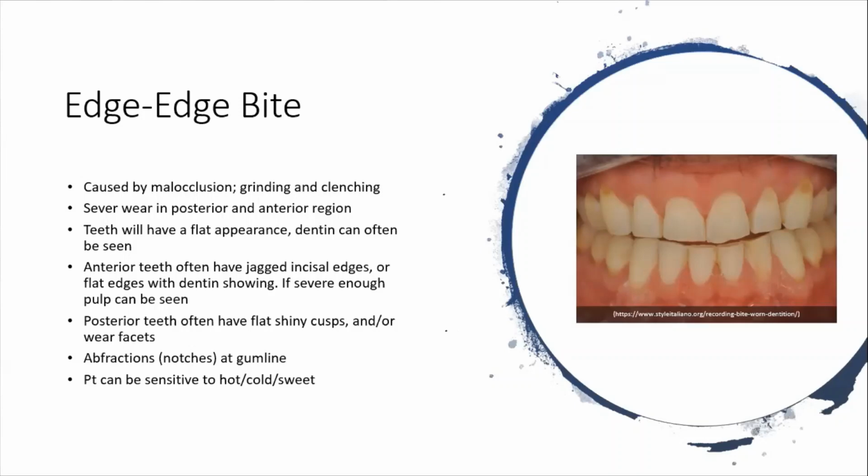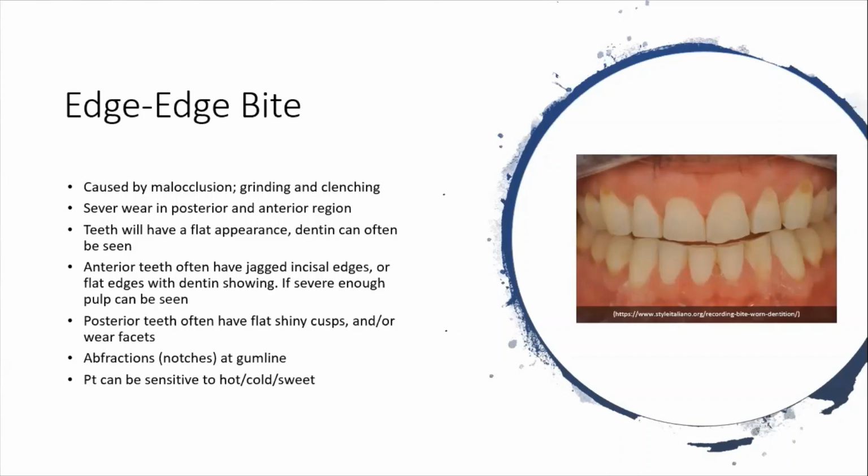Your teeth are going to have a real flat appearance. In some cases, the wear will be so severe that you can see the dentin coming through, and I've even witnessed the pulp showing through. So it's very serious to have an edge-to-edge bite. It can be very uncomfortable.